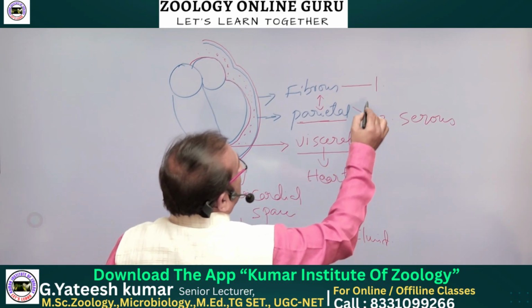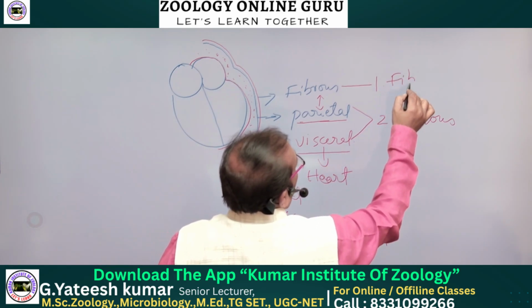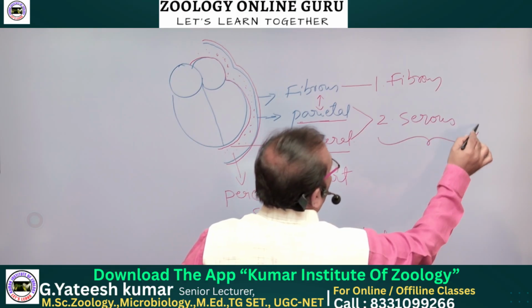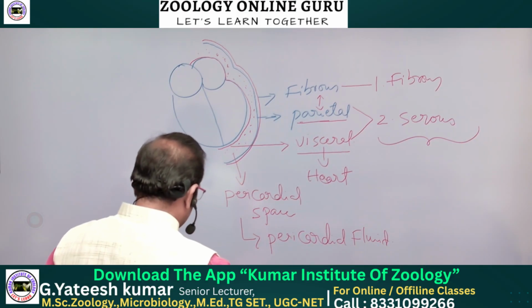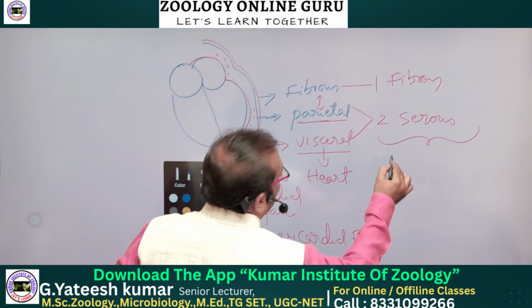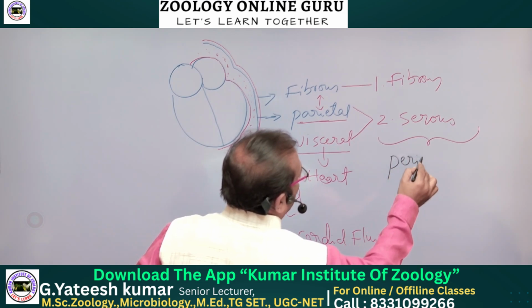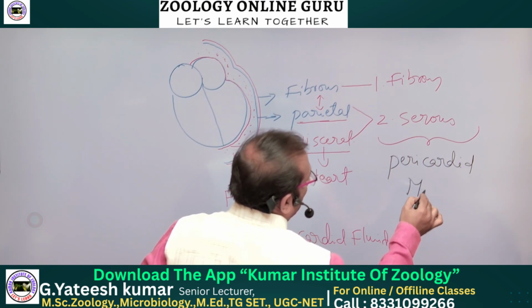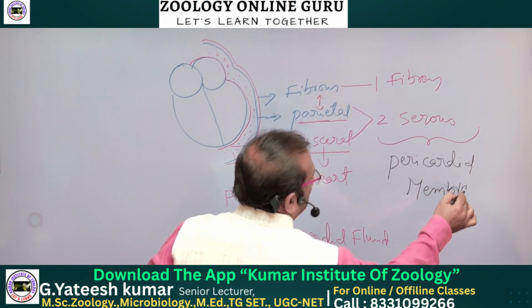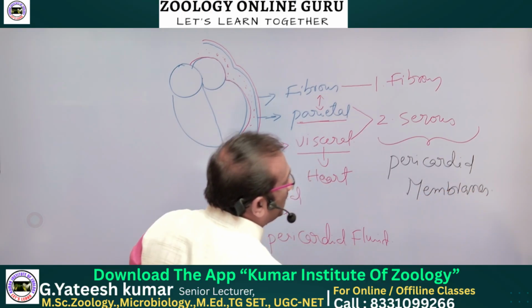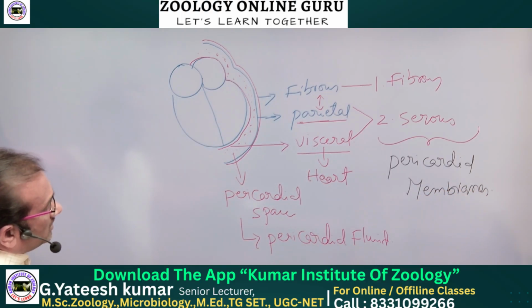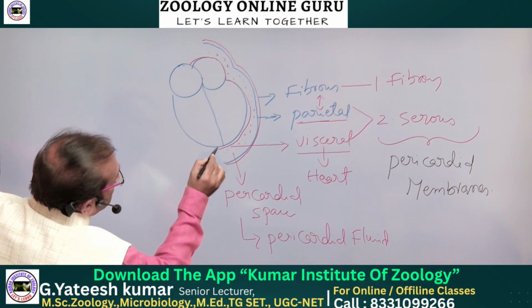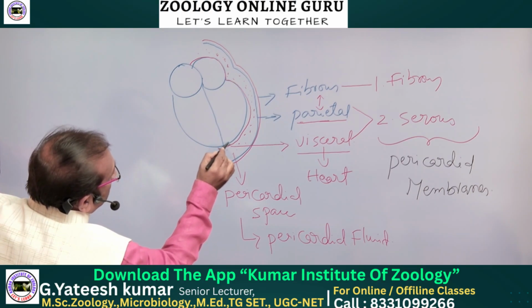These 2 layers, the first fibrous layer and the second serous layer, are collectively called pericardial membranes or layers.